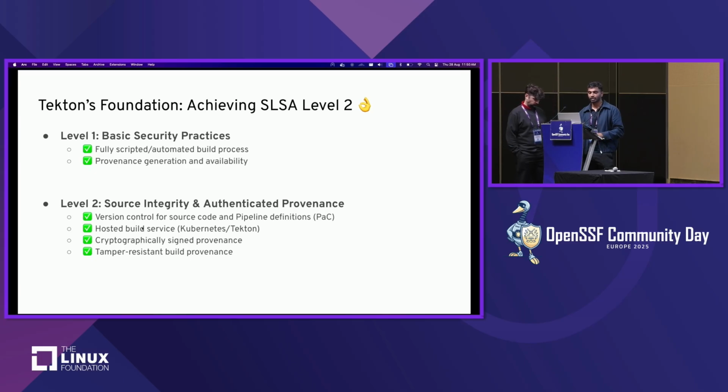We harden that part, and we keep the build service out of people's hands. So it'll be hosted somewhere, and we use version control for source code and the pipelines. So pipelines as code is being introduced to Tekton, and it's something that has been tested, and we are going to add this to upstream soon.